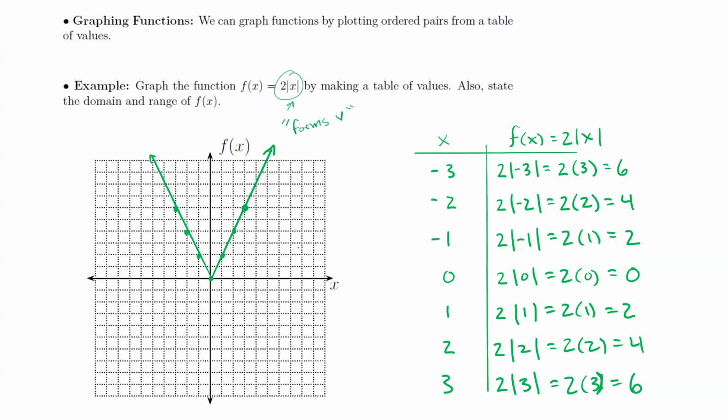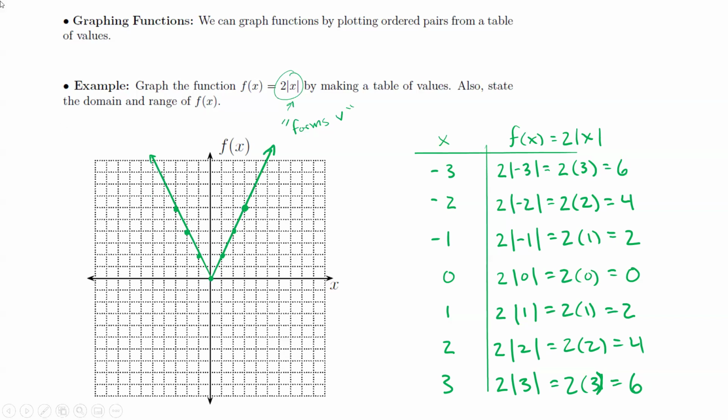So all I really want you to do is, if you're asked about graphing an absolute value function, just make a table of values just like I just did, plot the points, and then go ahead and connect the dots. The only little additional thing I need to make sure you do is to always make sure you find the bottom of the V, okay? Make sure you find that.